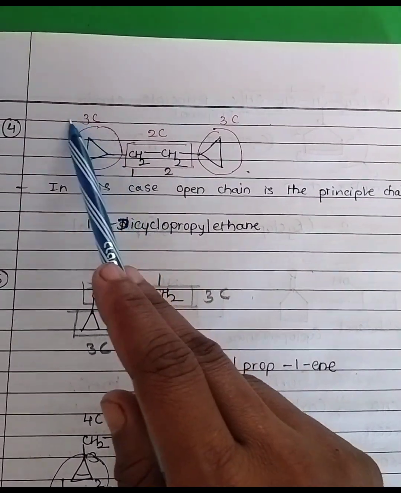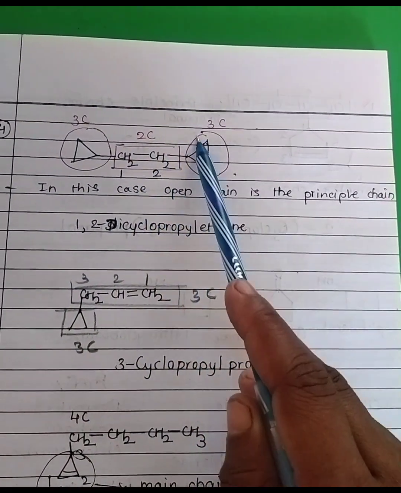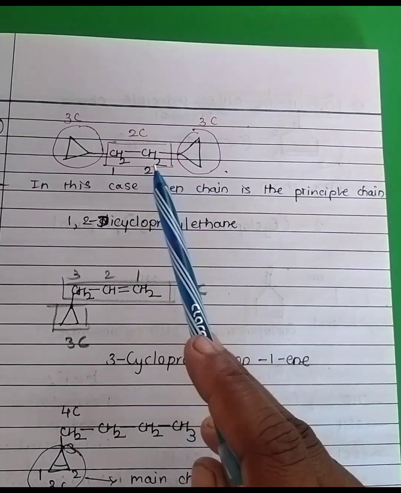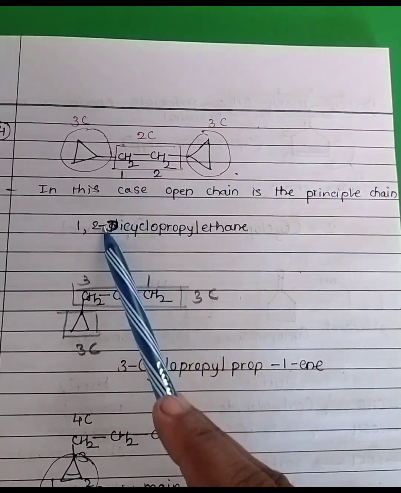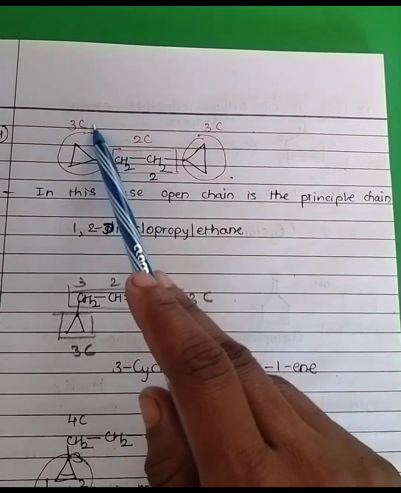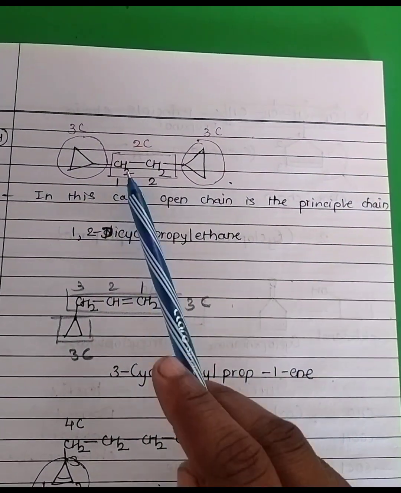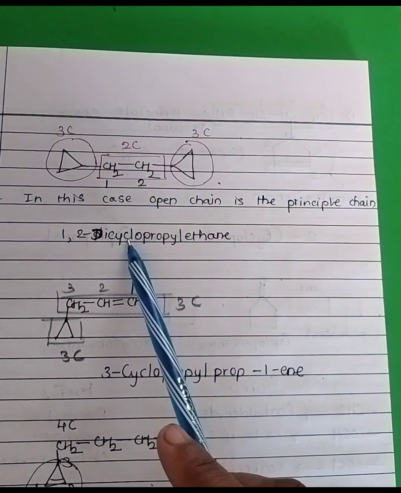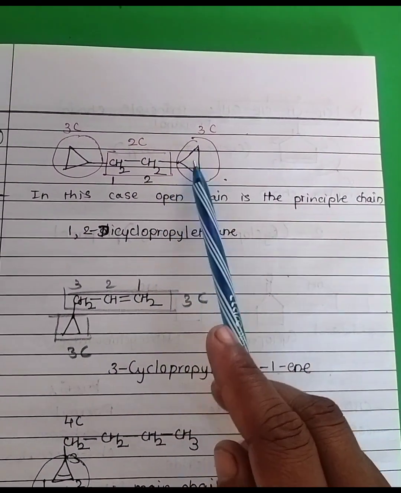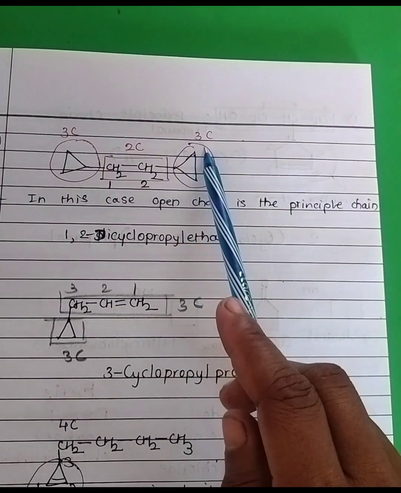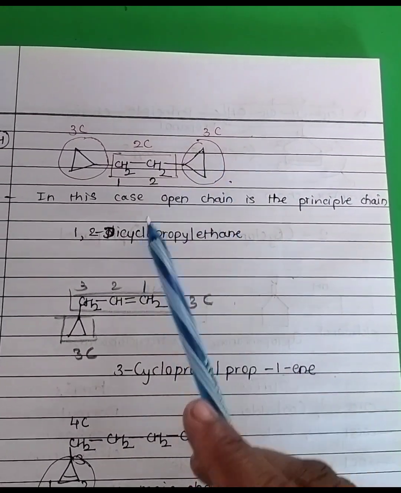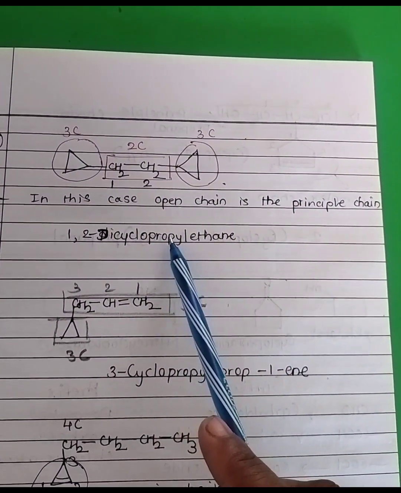The first carbon contains 1 cyclic ring and the second carbon contains another cyclic ring, so we can write 1 comma 2. There are a total of 2 cyclic rings, so we write di. For this cyclic structure we write cyclo. There are a total of 3 carbons in this cyclic structure, so we write the word root prop.